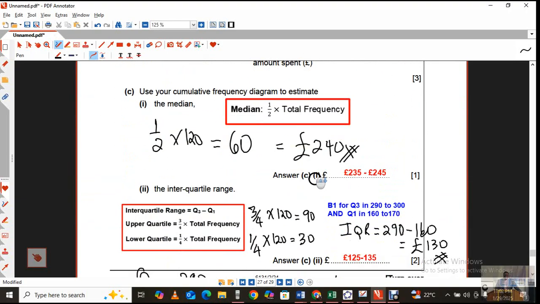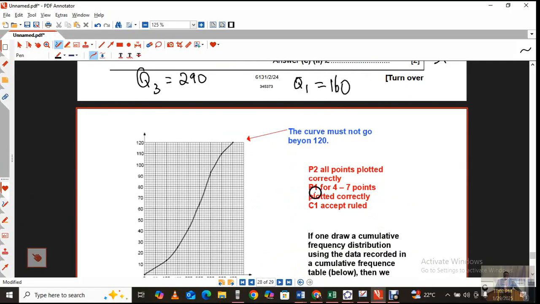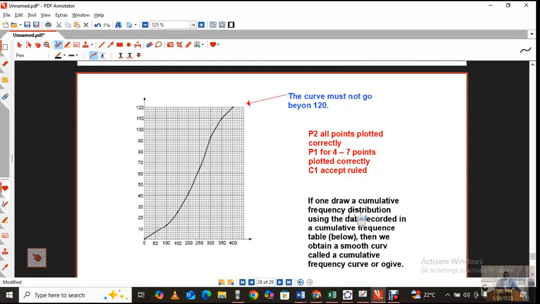And then you get 1 mark if you plot between 4 to 7 points correctly. You get 1 mark for the curve. And here they accept it if it was ruled, if you use a straight line, but it's a curve, okay?